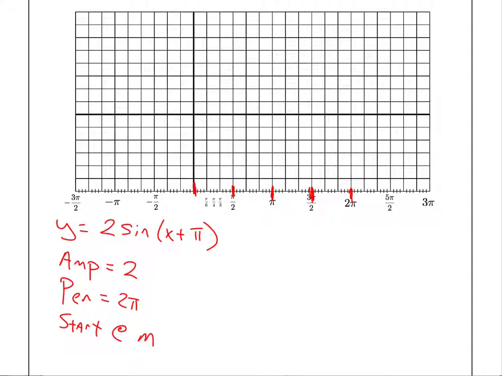Now I want to come back and take care of my shift. Take care of that plus pi in there. If I have a plus pi on the inside, what do you think that means? It's going to go to the left pi. So this tells me we're going to move to the left pi.